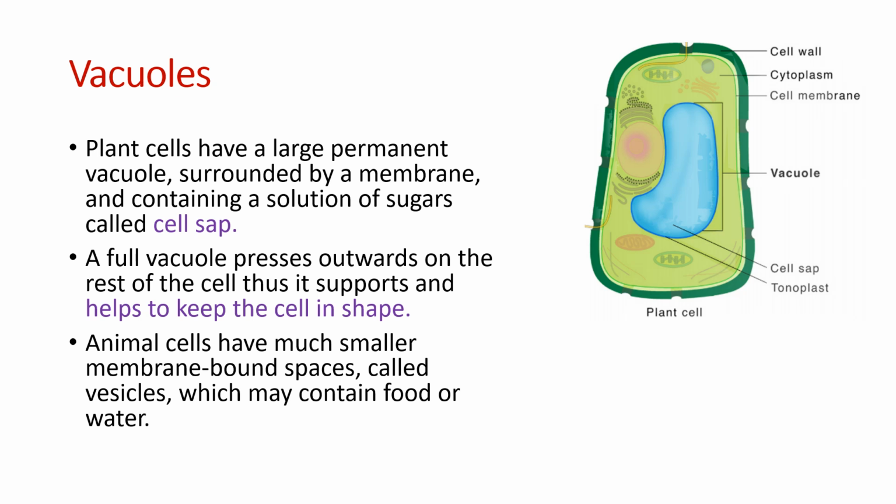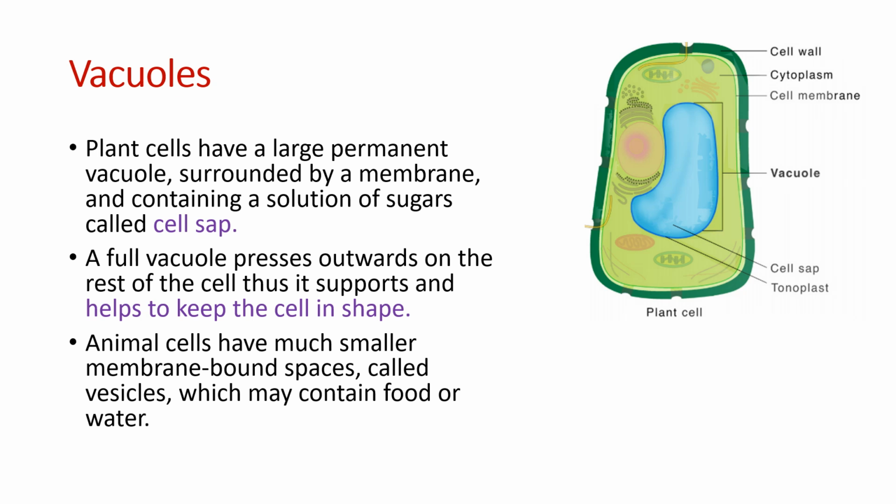The next structure found only in plant cells is a large vacuole. Plant cells have a large permanent vacuole surrounded by a membrane, and this vacuole contains a solution of sugars called cell sap. When the vacuole is fully filled, it presses outwards on the rest of the cell.